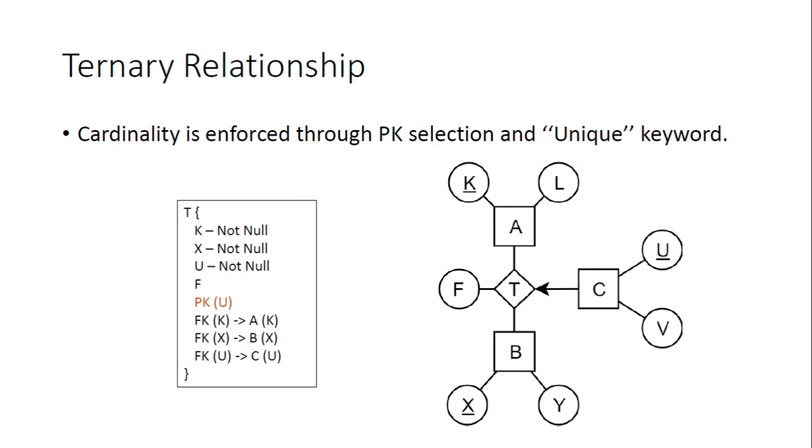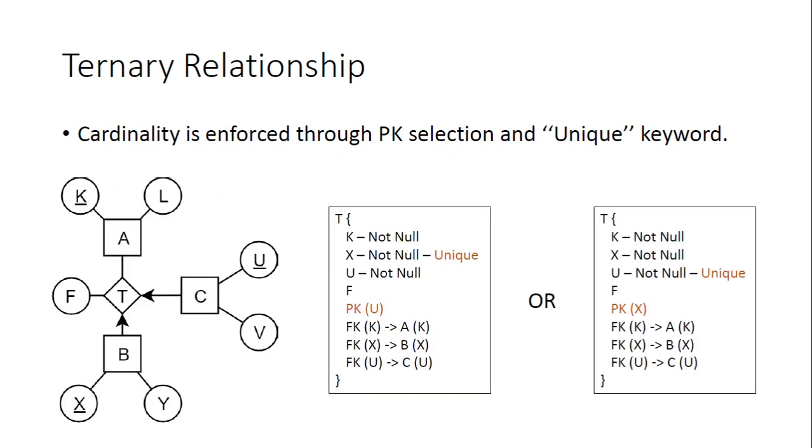For a different setting, let's say this is a one-to-many kind of setting for ternary relationships, then you just look at the values that you might insert to that table, and you choose the non-repeating one as your primary key. So in this case, for the one-to-many case, the non-repeating side is C, and you are going to just assign the foreign key that refers to C as your single primary key. For a different setting, for example, in this case, both C and B have non-repeating values.